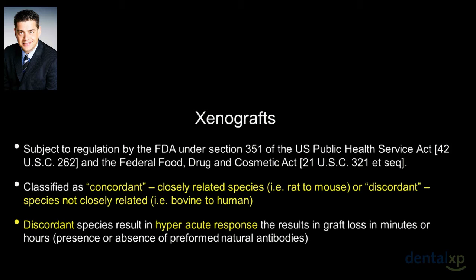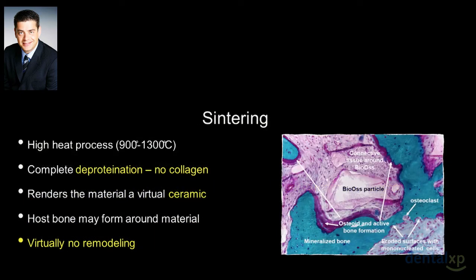What's the significance of that? If this was applied without processing, this would lead to a hyperacute infection that would basically result in a complete loss of the graft within hours of application. So the processing is done to prevent that from happening. And as a consequence, it denatures bone to a point that what is left is basically just a crystal with no collagen whatsoever.